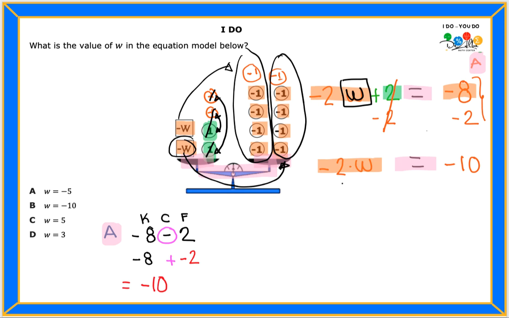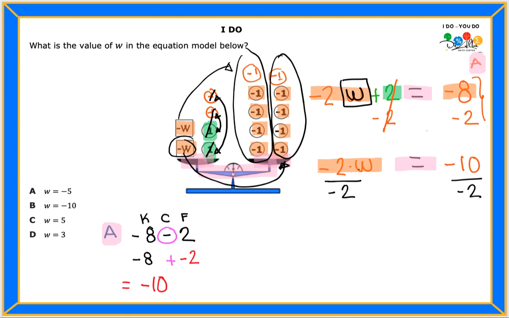So now we're going to do that algebraically. What is the opposite of multiplying by negative 2? And the answer is divide by negative 2. And if we do it on the left side, we're going to do it on the right side. Right here. Awesome, guys.